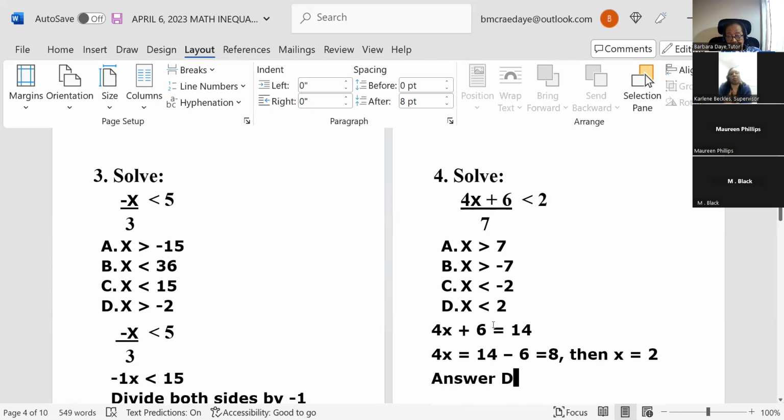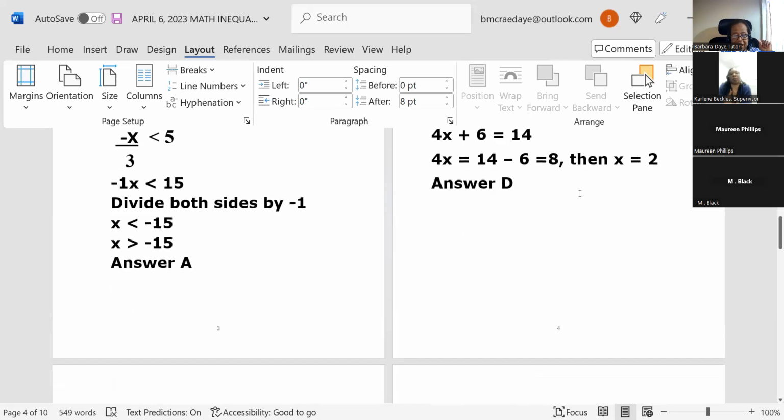So just set that to 14 and solve for your x. Okay, that's the answer for number 4. Or you could do like we did over here, where we multiplied 3 by the 5 and we got 15. Here you multiply 7 by the 2, get 14, and that would be 4x plus 6 less than or equal to 14. And you solve for x.